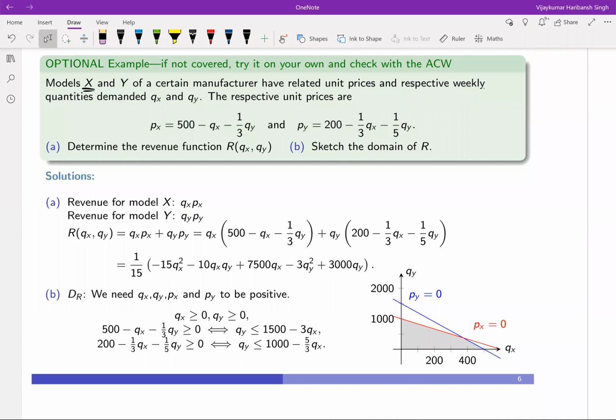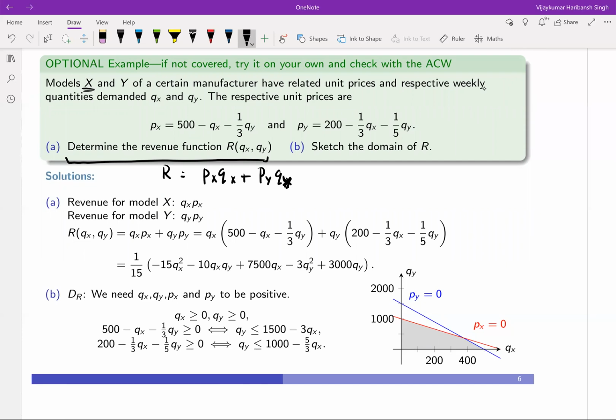So let's see. Determine the revenue function. What is the revenue function of QX, QY? Think about it. You're selling two items. So it will be the price of model X times the quantity demanded of model X, then the price of model Y times the quantity demanded of model Y. So this would be the revenue, right?